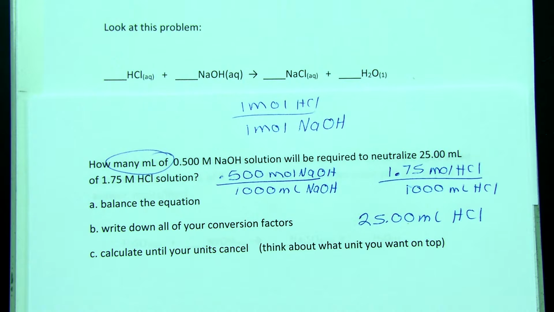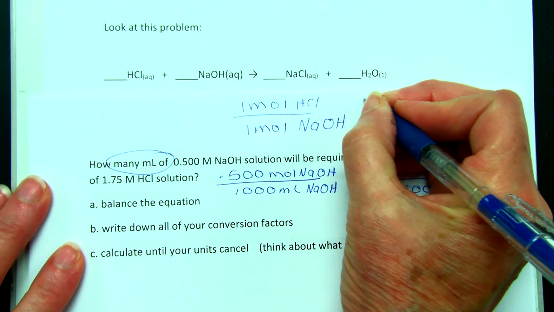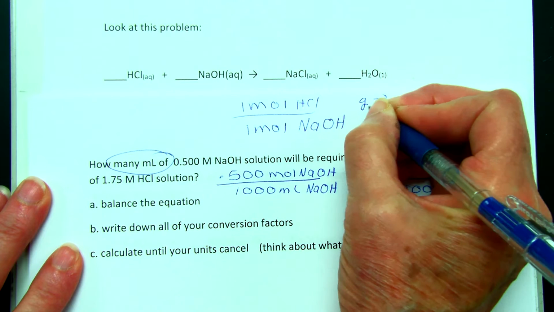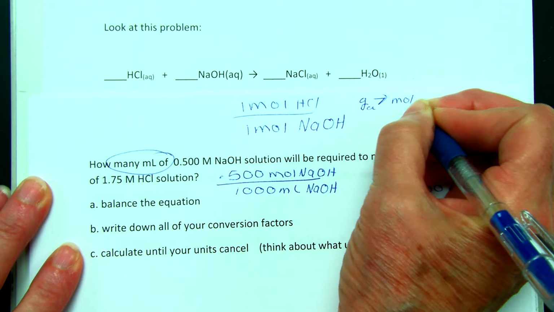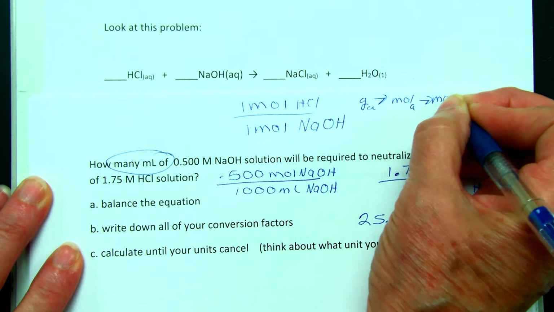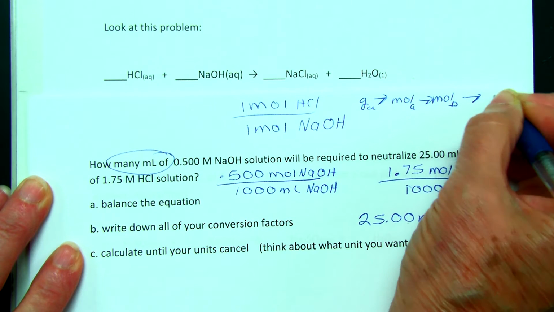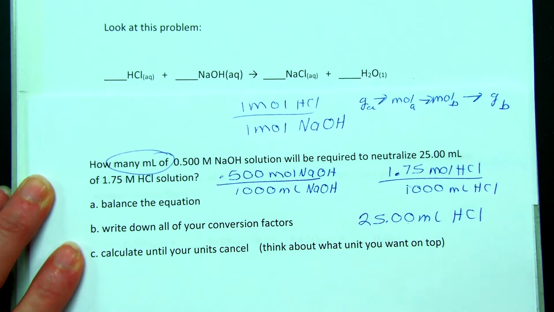Now we can do the same kind of calculations we did back in Chapter 3, but since we're introducing molarity, this time we're not using molar mass and not changing grams into moles, but we're going to change milliliters into moles. You remember in Chapter 3, we changed grams of A to moles of A, and then we went to moles of B using the ratio, and then grams of B using the molar mass.